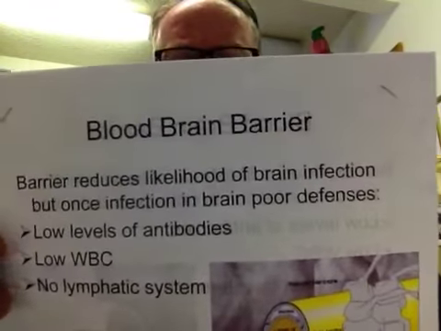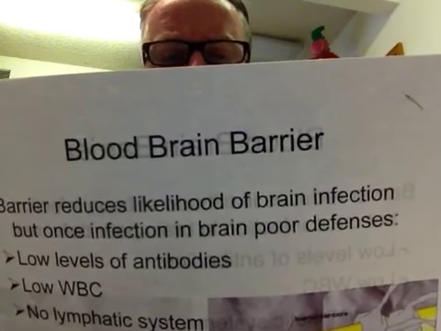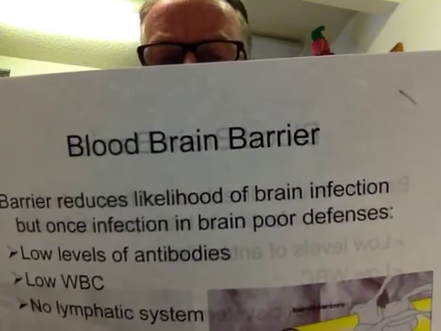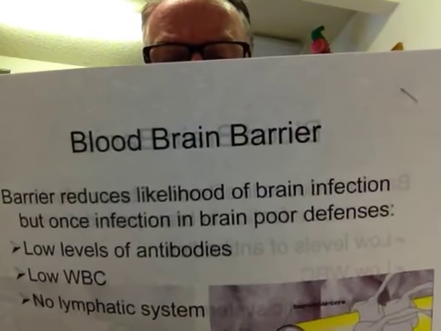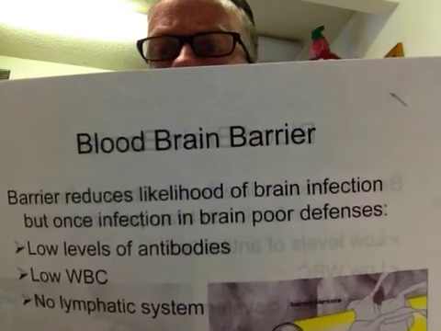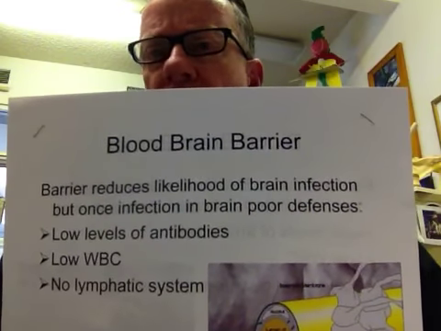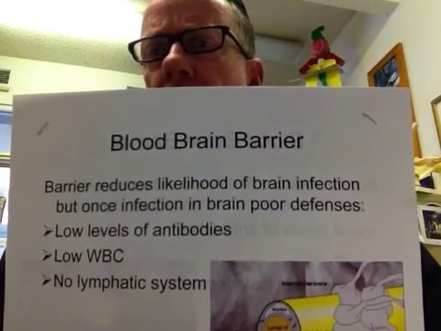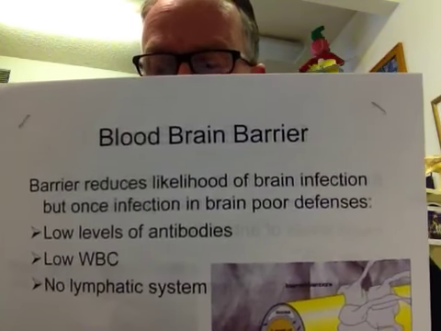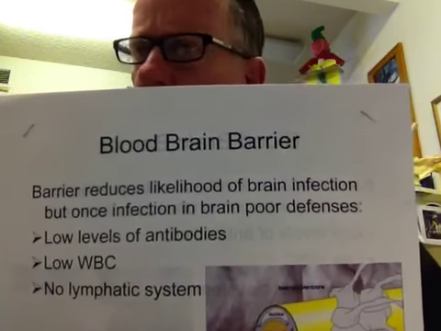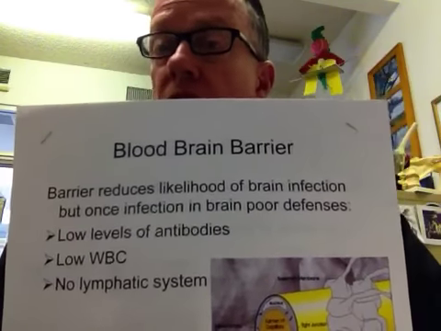One of the real means by which we're protected from brain injury is the blood-brain barrier. This barrier reduces the likelihood of infection. It's difficult for parasitic material, bacteria and virus to get into the brain, but once it gets into the brain, the immune system is not protective.